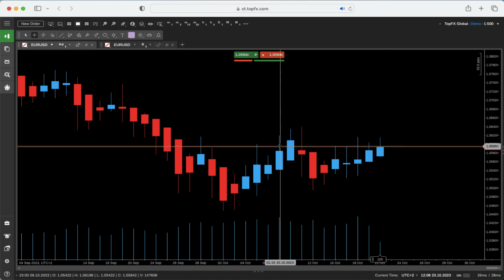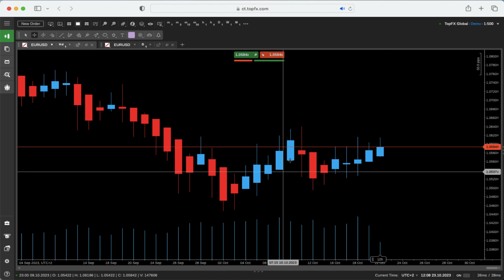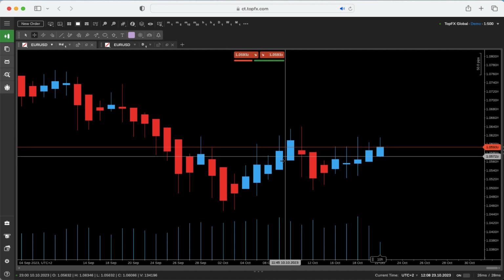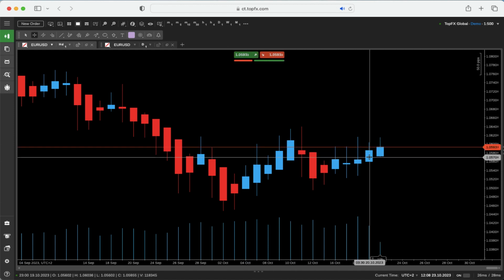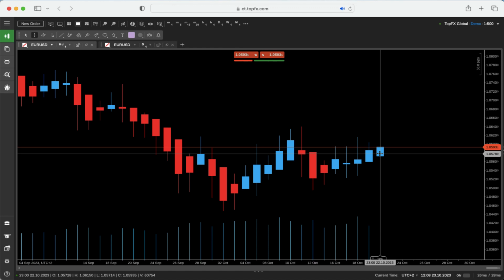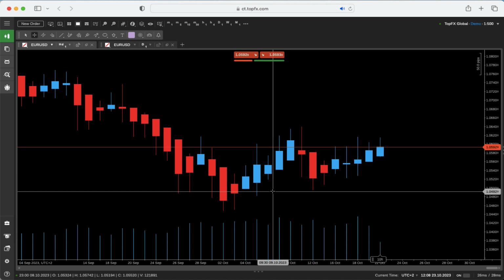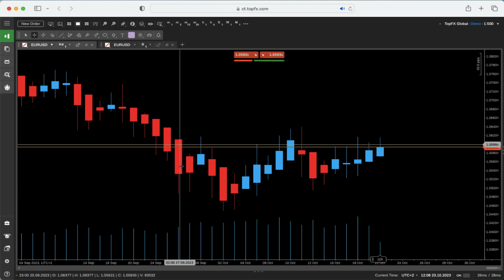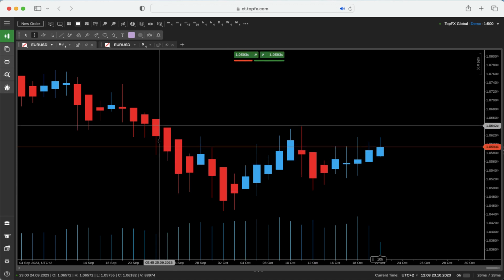The absence of a lower wick, like in this candle, or this candle, or this candle, or this candle, reflects the strength.